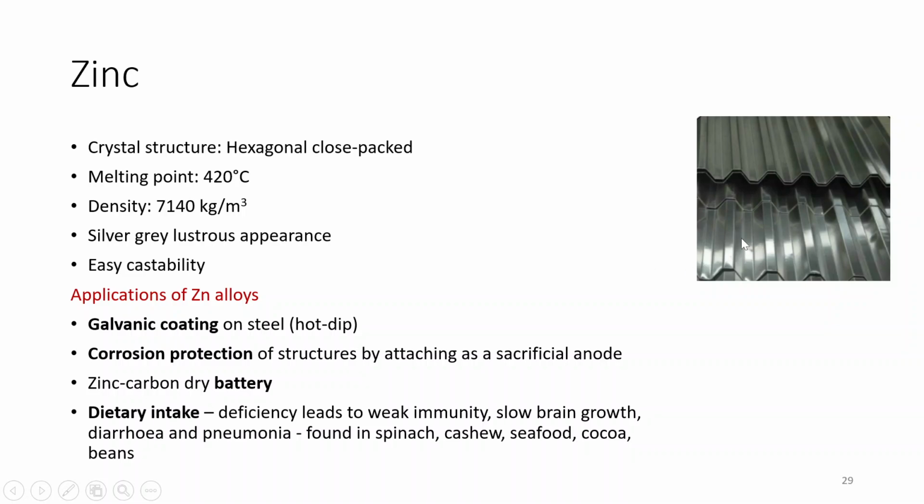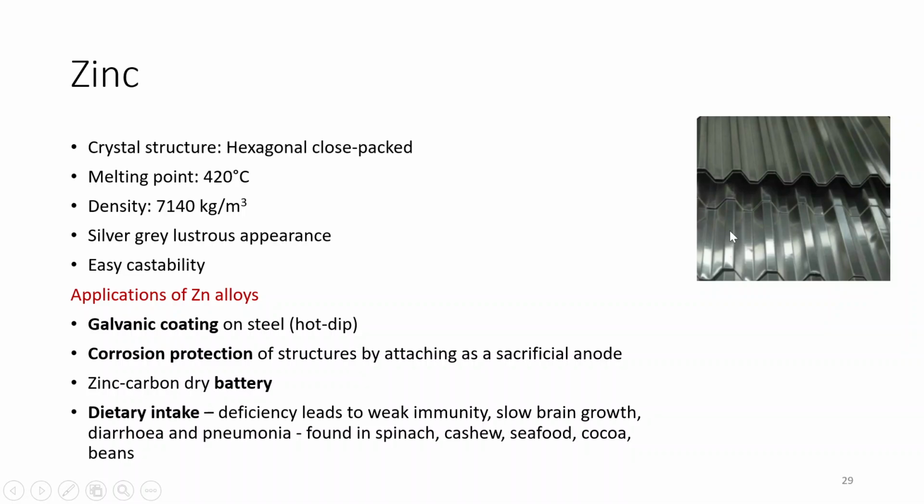So if you have a zinc oxide layer, the iron below it is more likely to remain uncorroded. Even if this layer breaks, there will be formation of an anode and cathode, so the zinc layer on other spaces is more likely to get corroded rather than the steel itself.